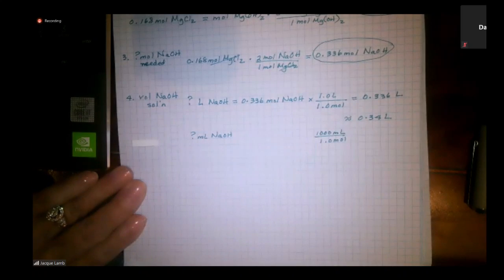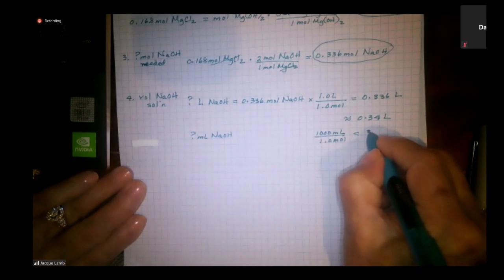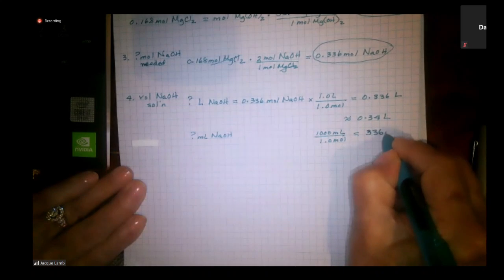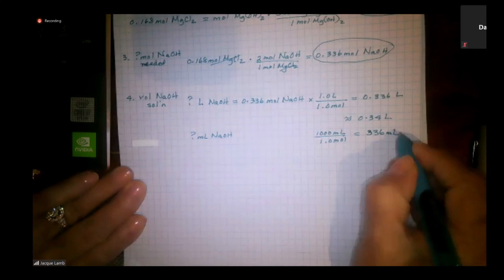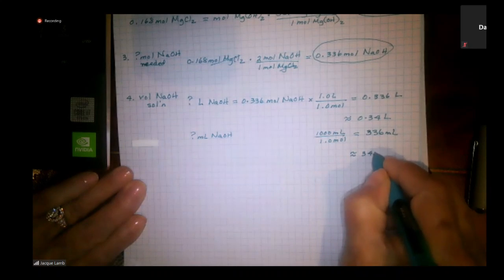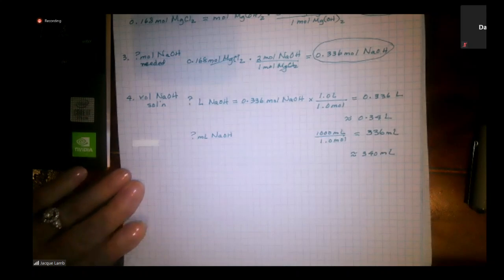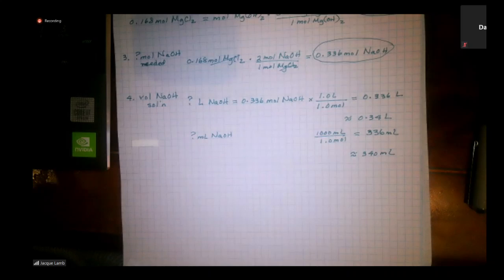Everything else is the same, and this would give you the answer in milliliters, or 336 milliliters. Again, to 2 sig figs, it's about 340 milliliters. So you can do it either way. When you're asked for a volume, unless I specify that it should be in one unit over another, you can do it in whichever one makes sense for you.